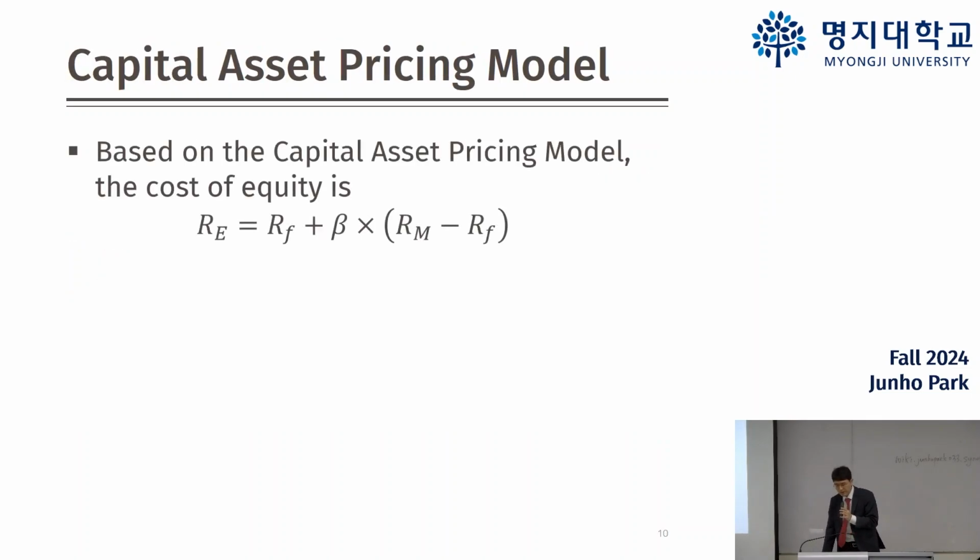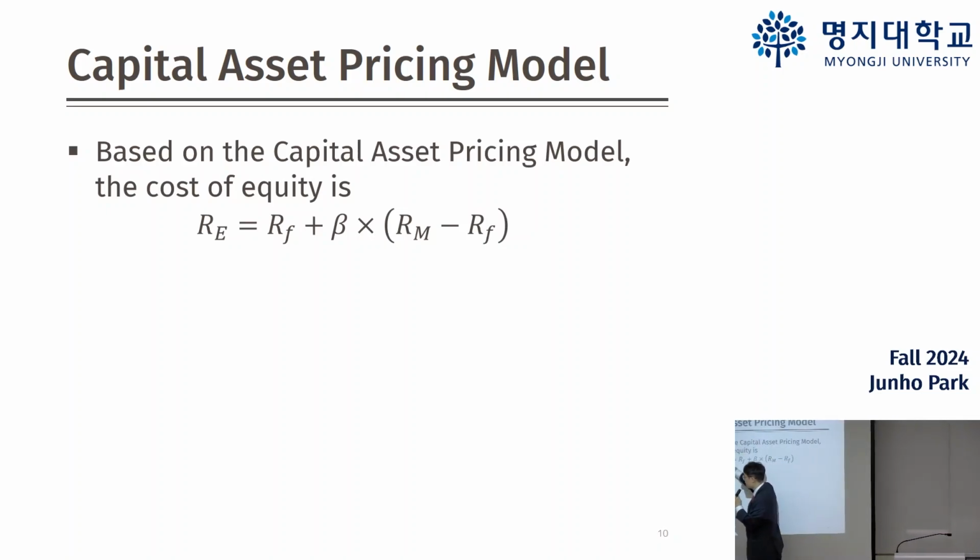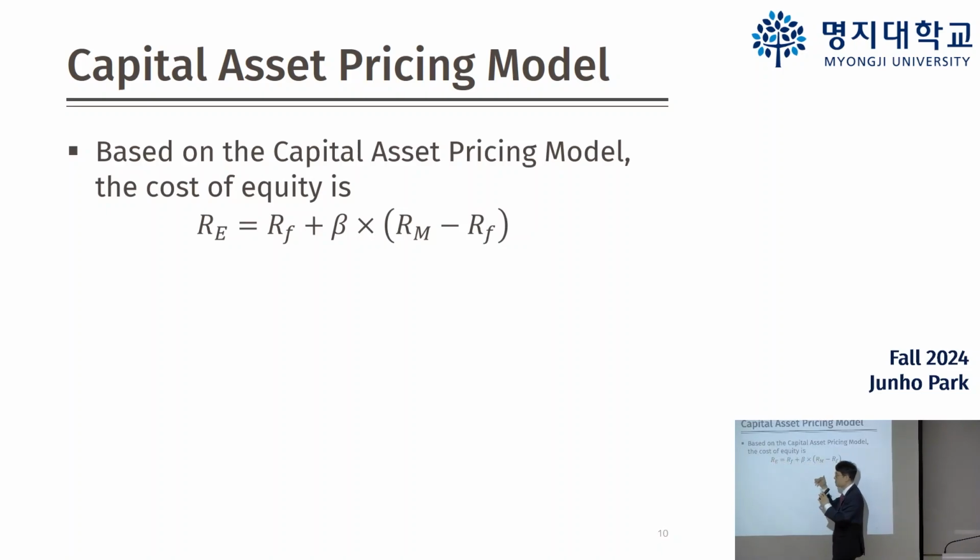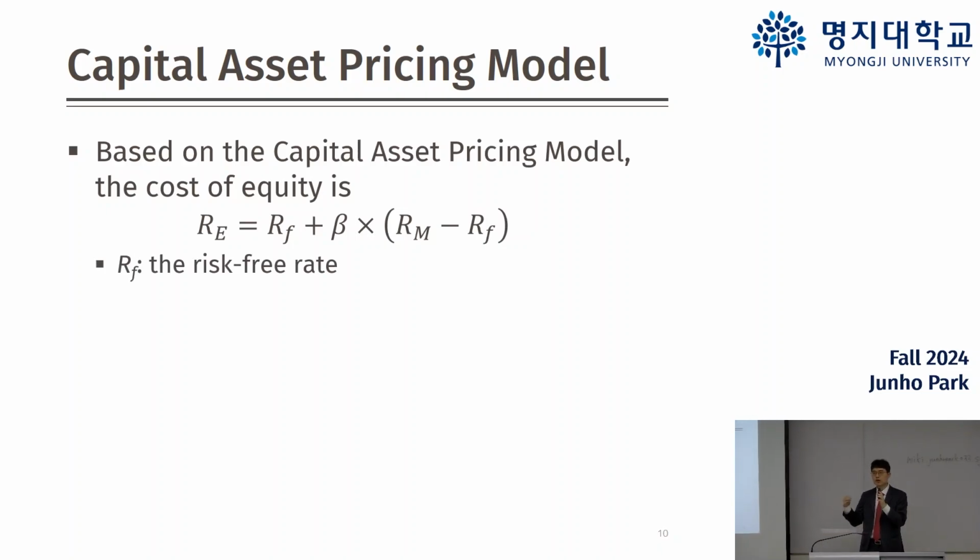The capital asset pricing model shows that the rate of return from a stock can be determined following this formula. So you have RF, the risk-free rate of return, and RM minus RF here. Here RM states the return from the overall stock market.